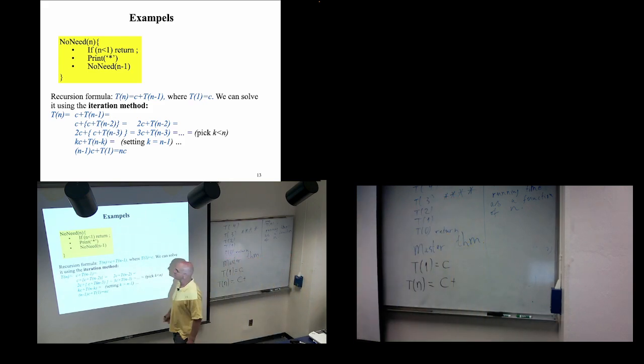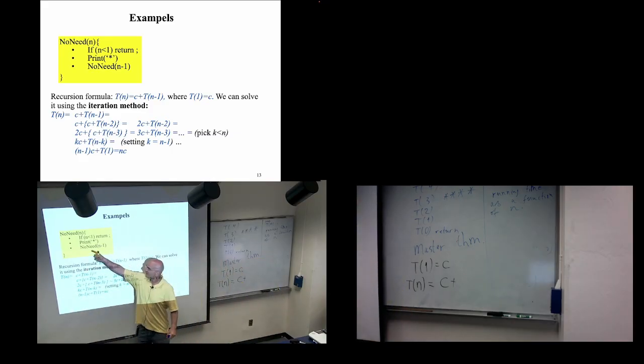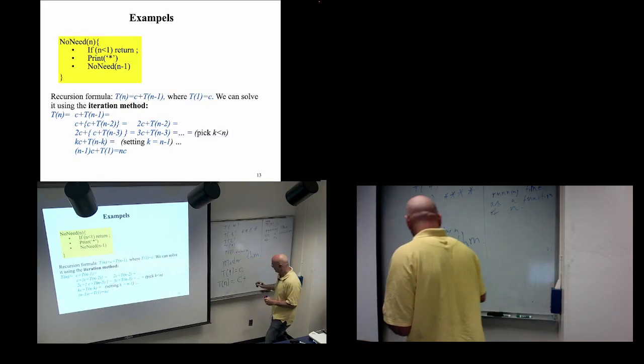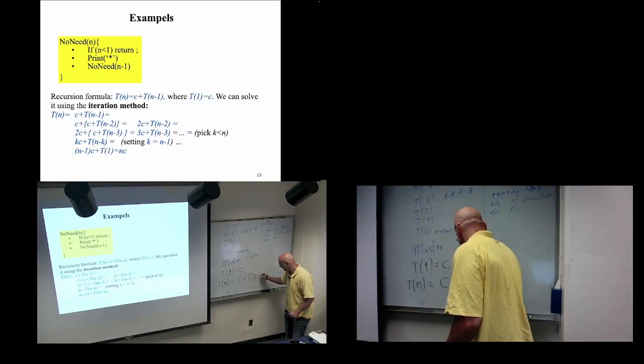Where is this constant coming from? Because you evaluate here what is the value of n. You are putting things in the stack of the recursion. You need to print these asterisks. You need to put more things in the function. And then you're calling this function recursively, but with a smaller n, maybe just part of the input, which we can write as T of n minus 1.